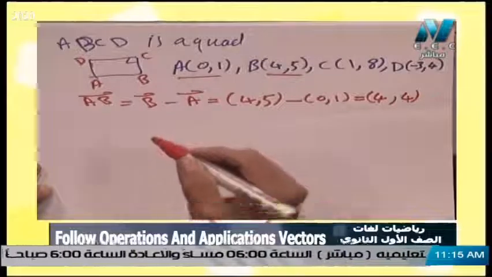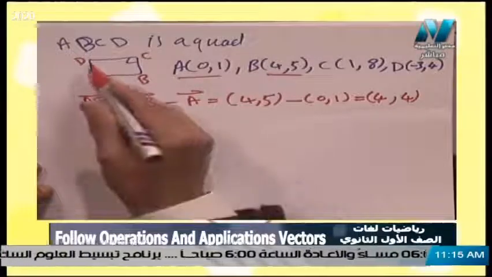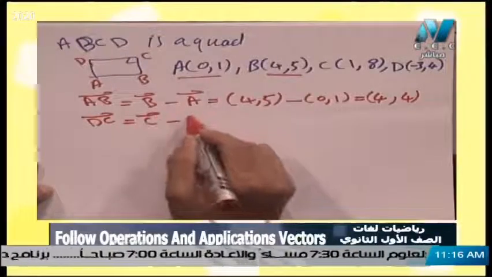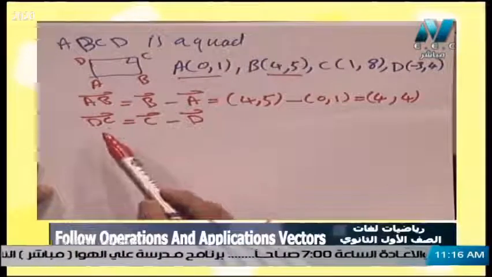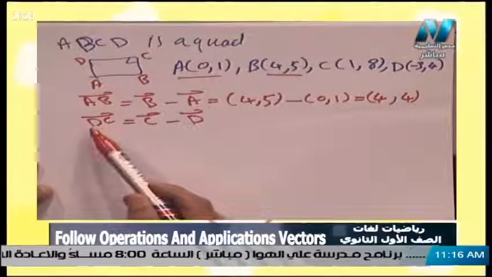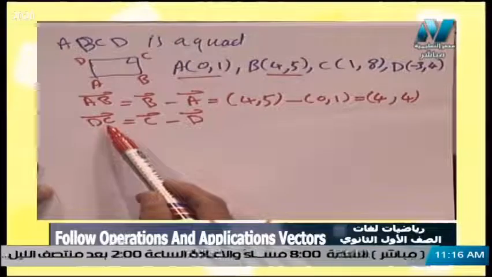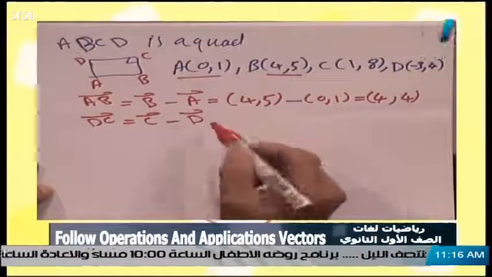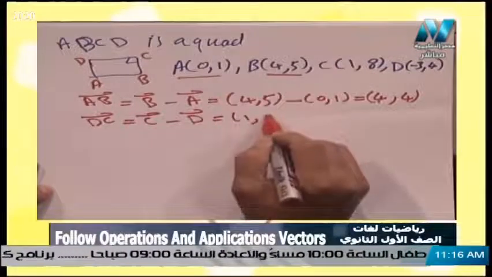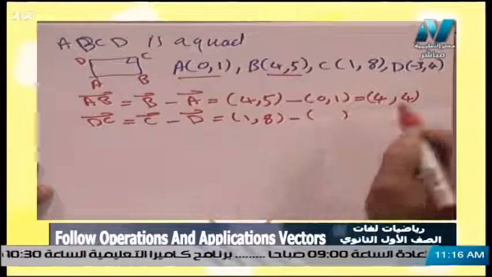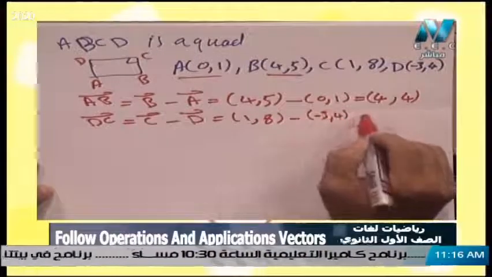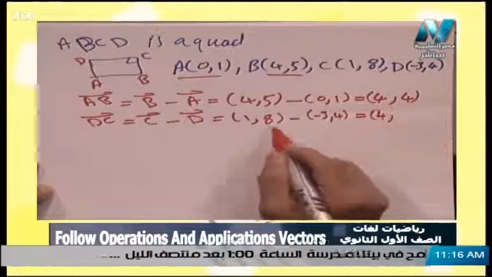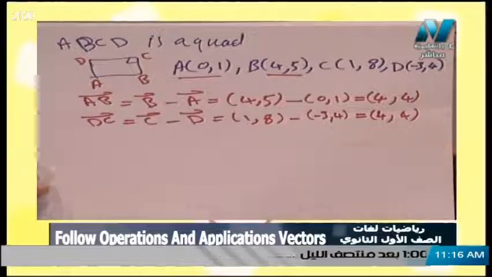And we will try to find the vector DC. The vector DC will be the vector C minus D. Pay attention to C minus D. We start from DC here, and when we make the subtraction, we start with C minus D. So C equals (1, 8) minus D, which is (-3, 4). 1 minus -3 is 4, and 8 minus 4 also equals 4.